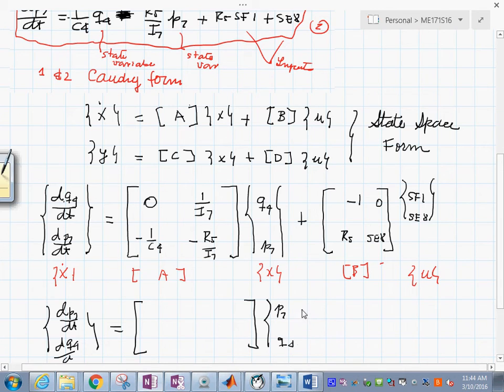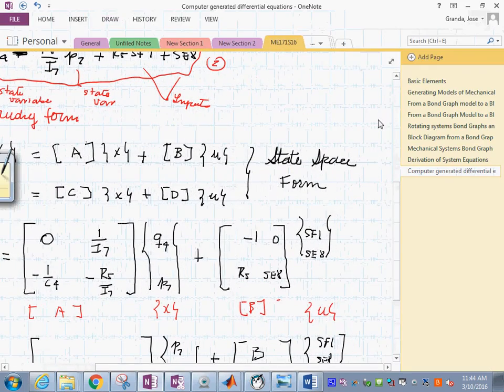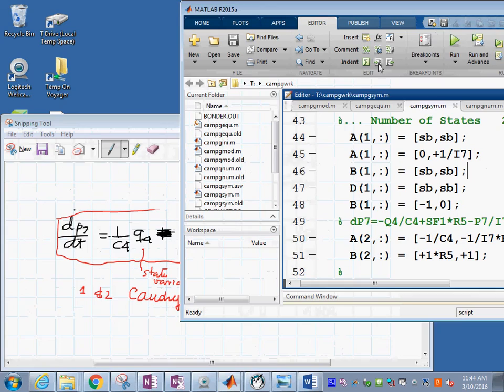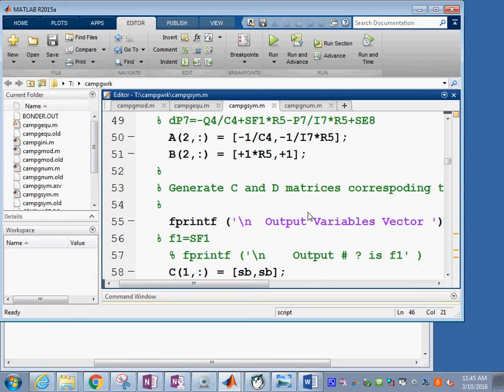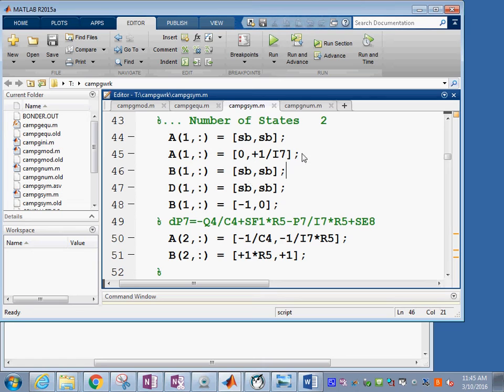Put SF1 of SE8, and it did exactly as I did on paper, Q4 first. This matrix that you see in there has to be the same as the one I have. So is the B matrix, the C, and the D we did not specify because we didn't specify any outputs. But let's take a look at the A and the B matrix at this point.